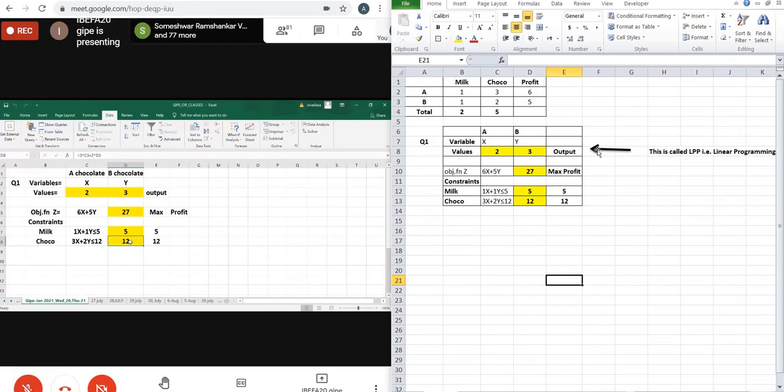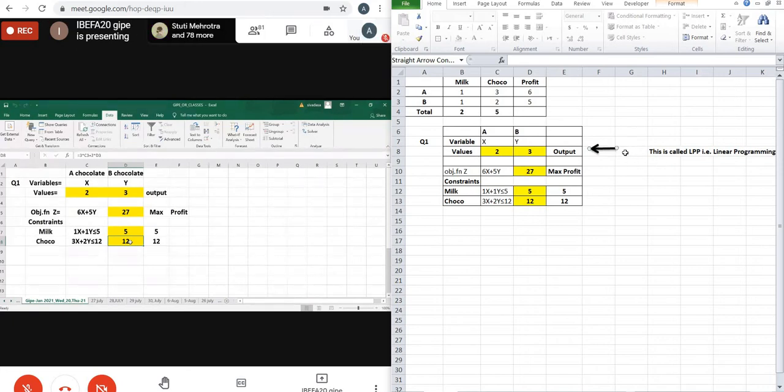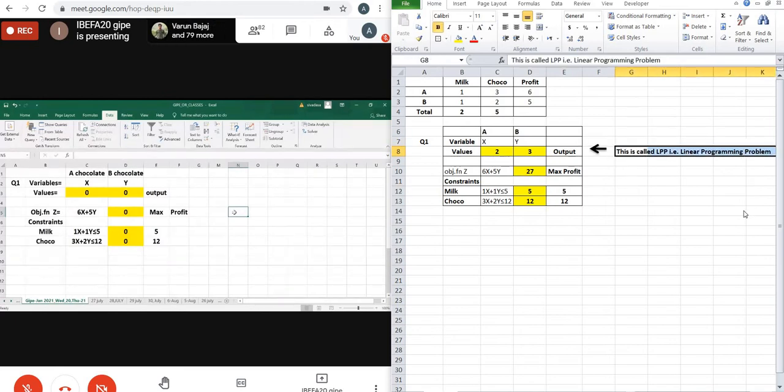So could you repeat the constraints thing, sir? Yes, I'm a little confused about that. I have here no biscuit production in the beginning. I have to find it out.